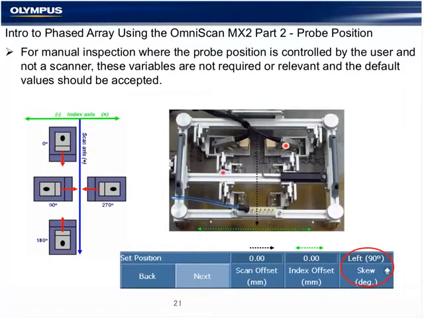And here we also see additional TOPS groups as well that would require a scan offset. The index offset is the position relative to the weld here to the face of the wedge. And in a manual inspection, we will leave this 0 until we find a flaw.